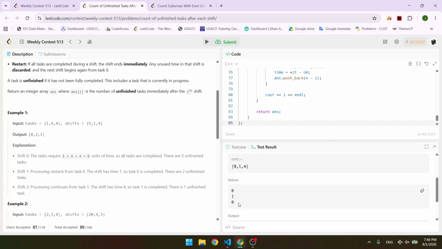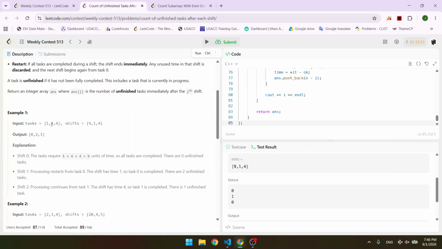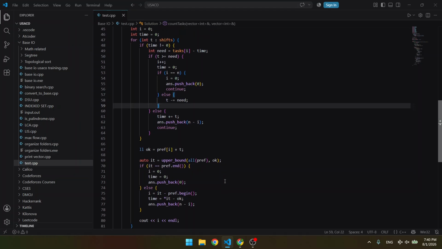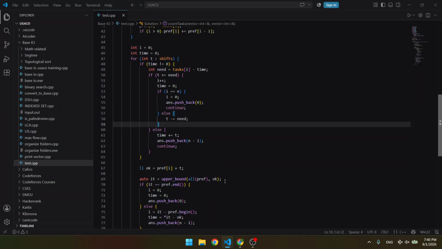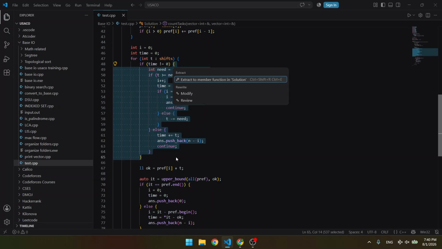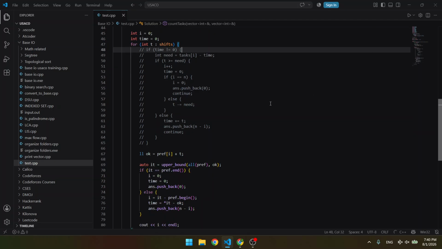After the third one, i became 0 again. Actually, I don't think we need all this casework. I think we already took care of that.